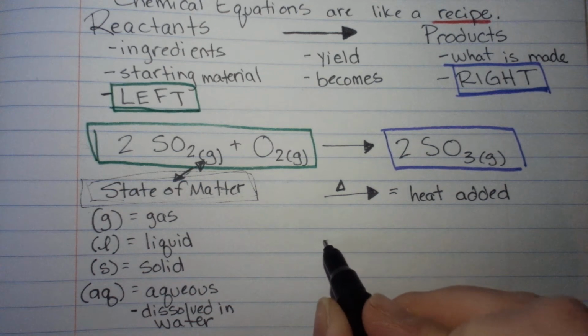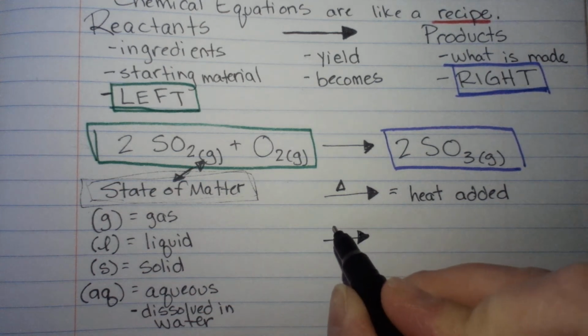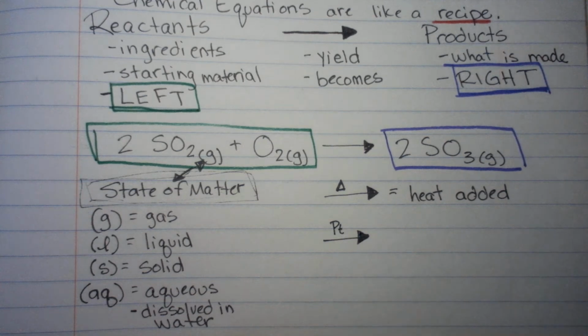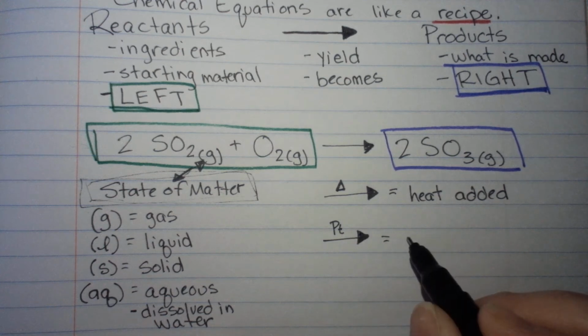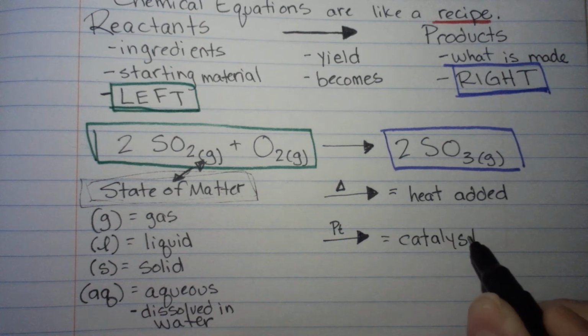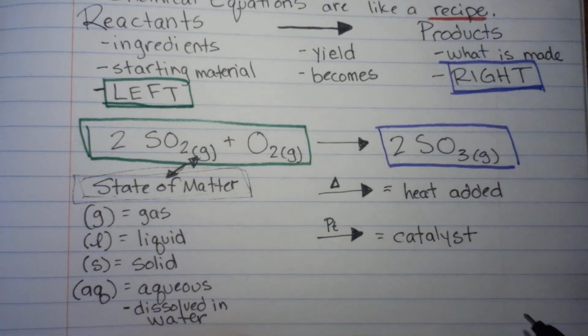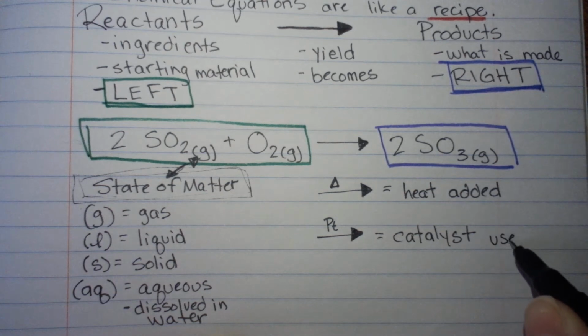Okay, and then there's another example that you're probably going to see when you do your CK12 practice. And it's not always going to say PT, but it'll have an arrow with something over top of it. That means there is a catalyst. So we need to think about this word for a second. Catalyst used or catalyst added.